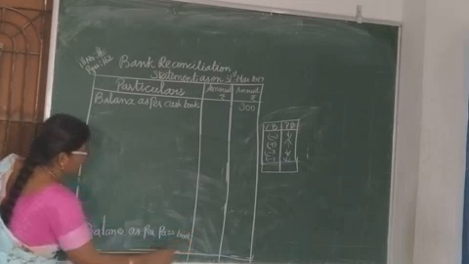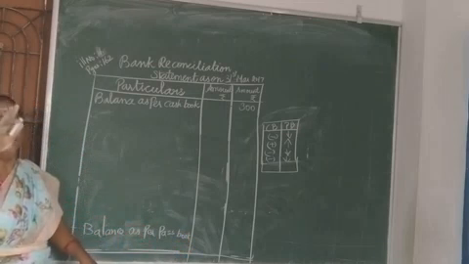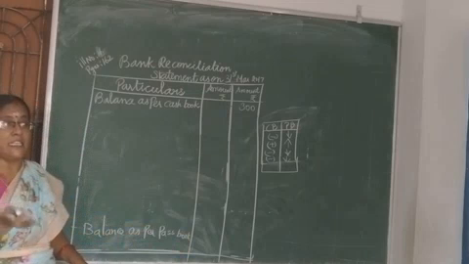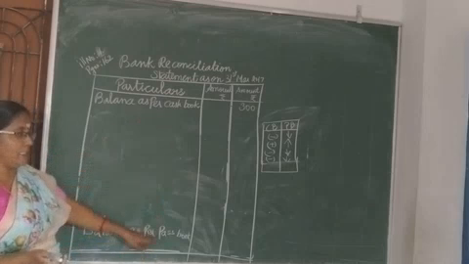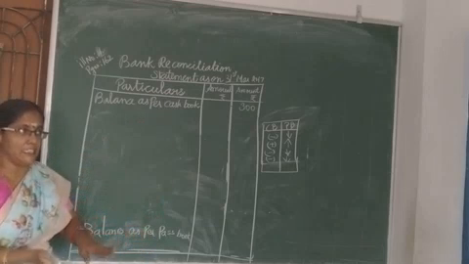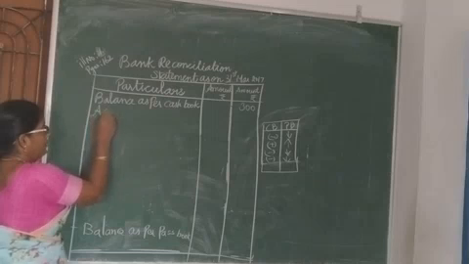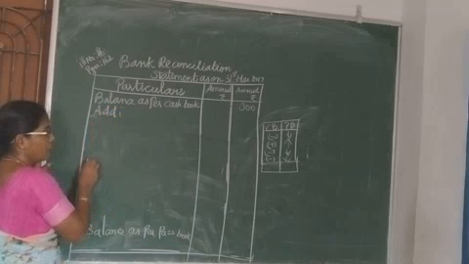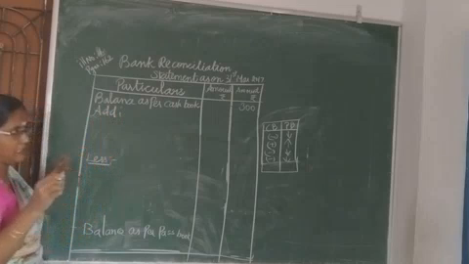So which transactions increase the balance as per passbook? Those we are going to add. Whether the transaction is going to reduce the balance, we are going to less.